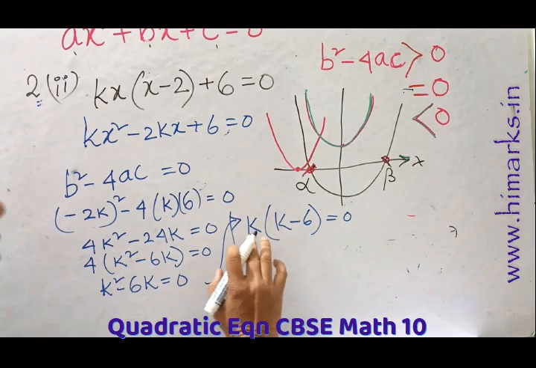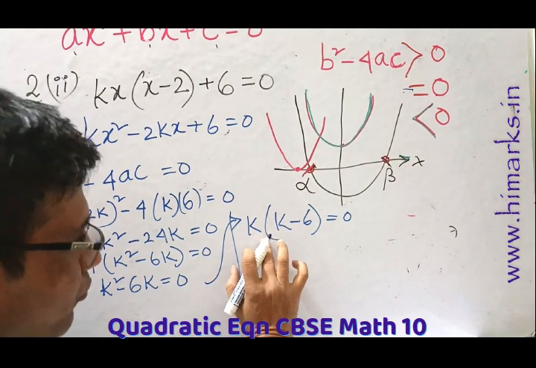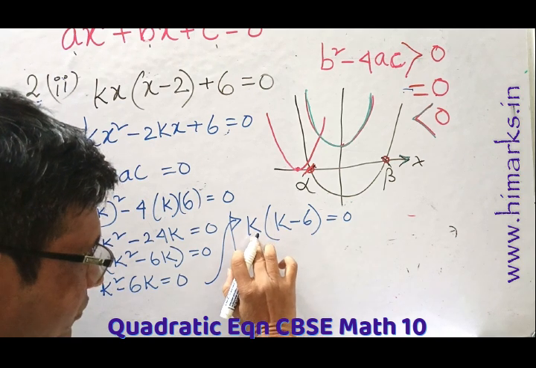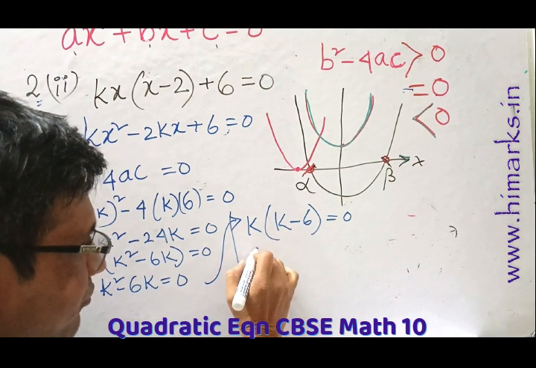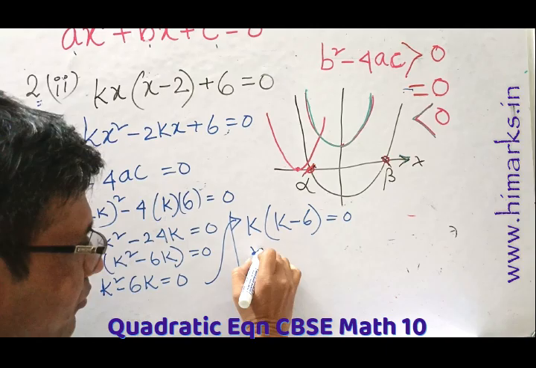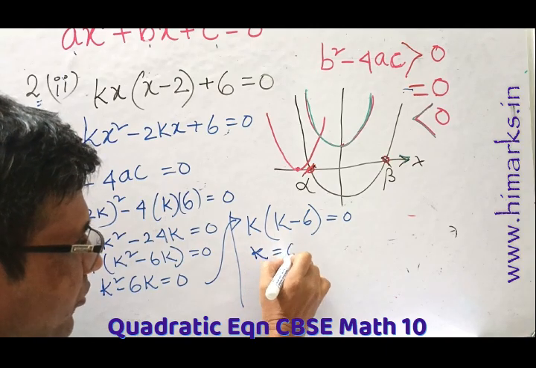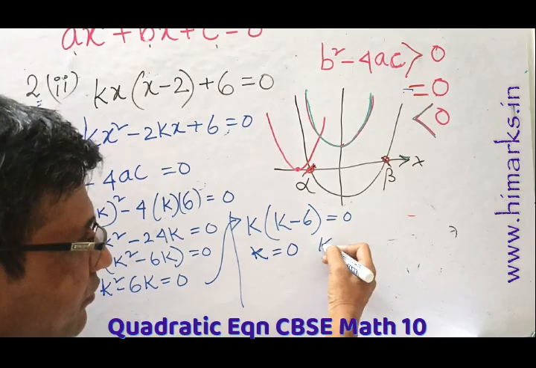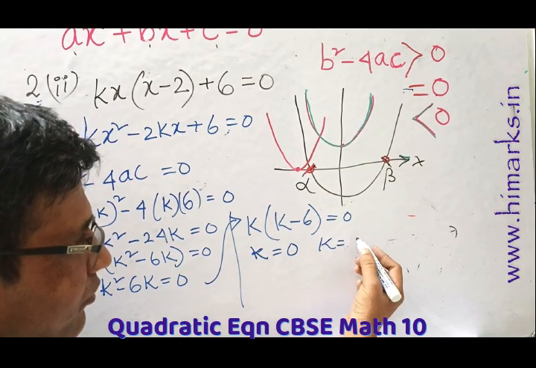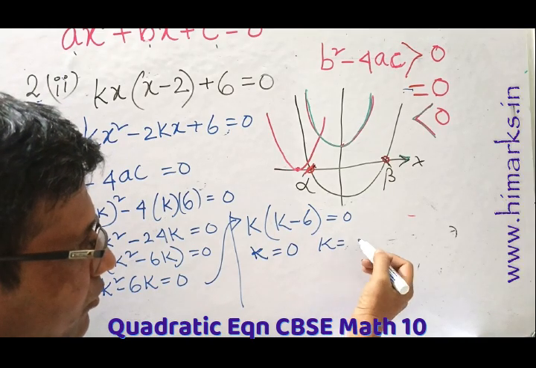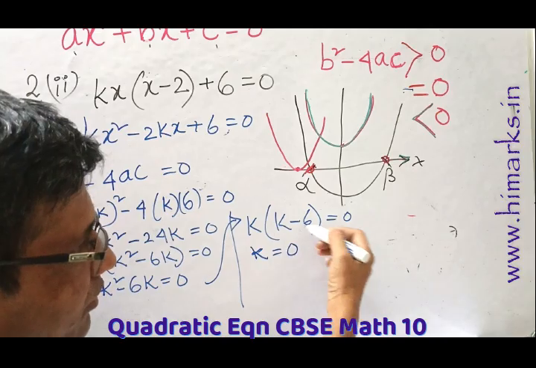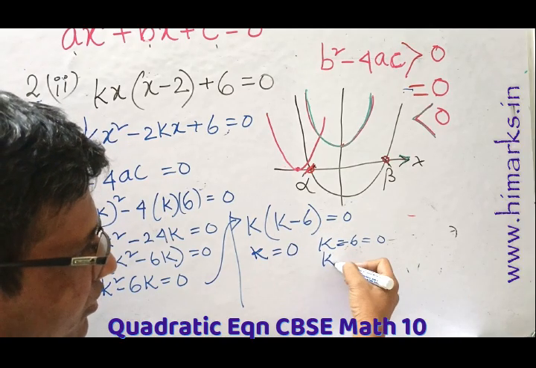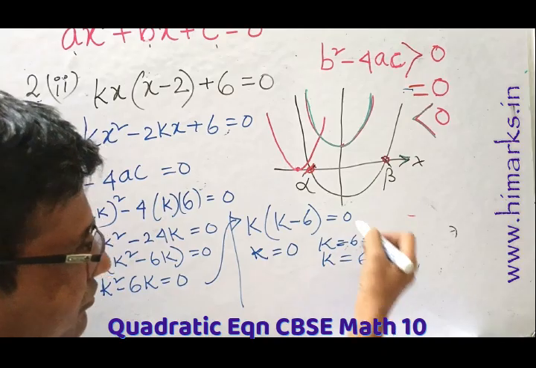If the product of 2 terms becomes 0, that means this could be 0 or this could be 0. So either k equal to 0, or k minus 6 equal to 0. That gives k equal to 6.